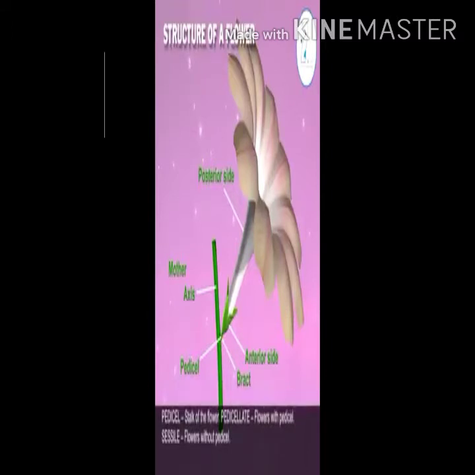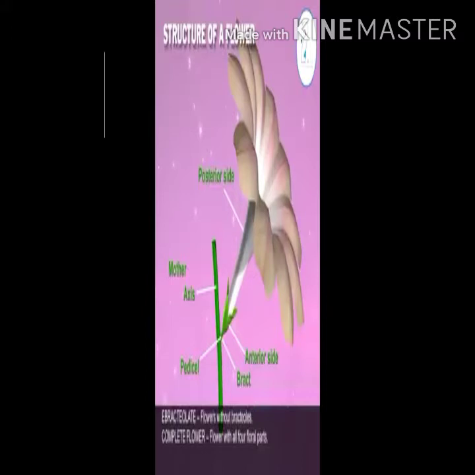Pedicel: stalk of the flower. Pedicellate: flowers with a pedicel. Sessile: flowers without a pedicel. Bracteole: the small leaf-like structures present on the pedicel. Bracteolate: flowers with bracteoles.